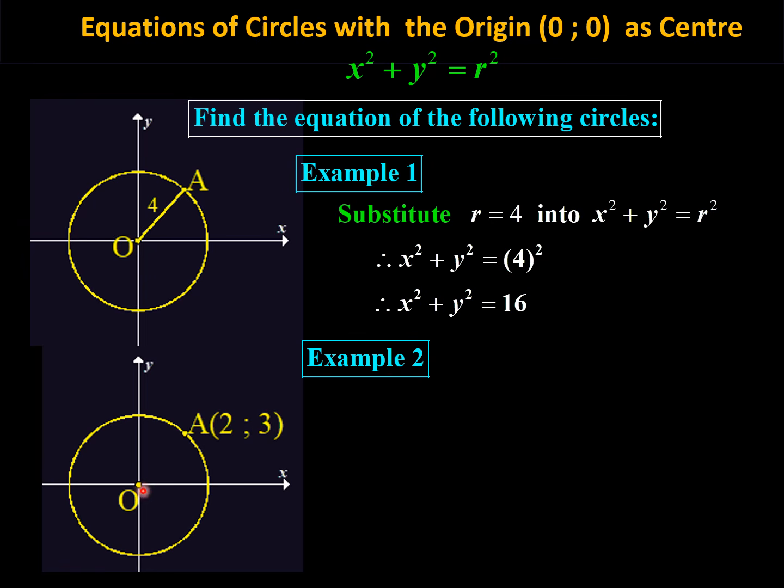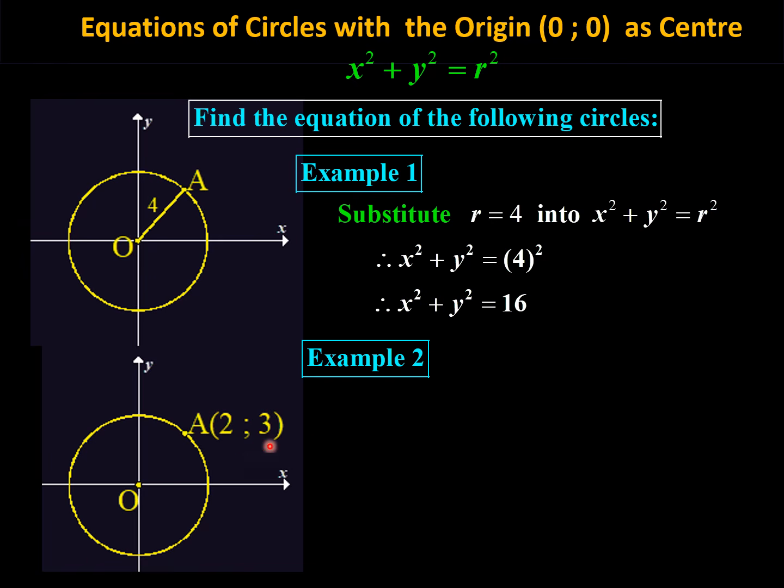Here we again have a circle, and the center is at the origin, but we are not given the length of the radius. We're given a point on the circle. We can still use this formula, because this is the formula for a circle with the center at the origin.